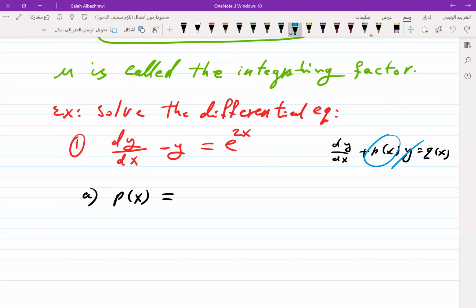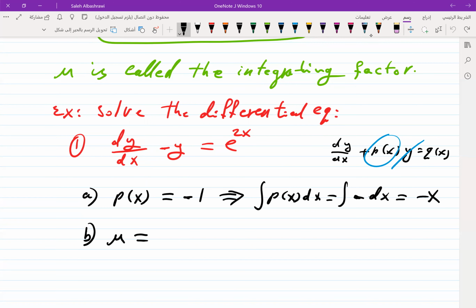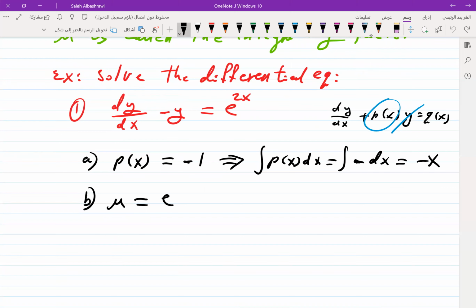So in our example, the coefficient of y is -1, which means the integral of b(x) dx is the integral of -1 dx, equal to -x. Now the integrating factor mu is equal to e to the power of the integral of b(x) dx, which is e to the power of minus x.